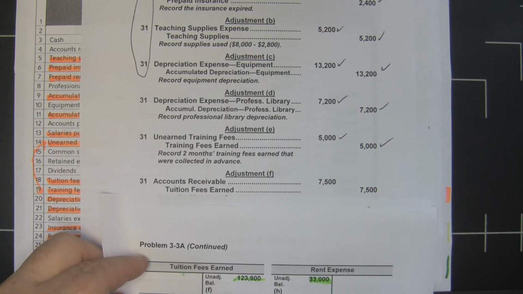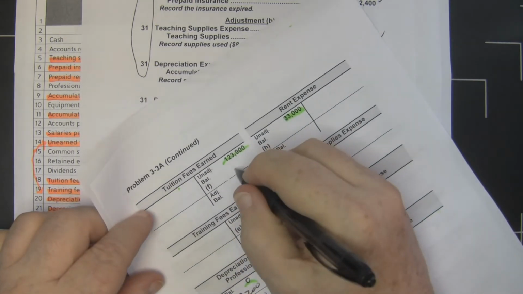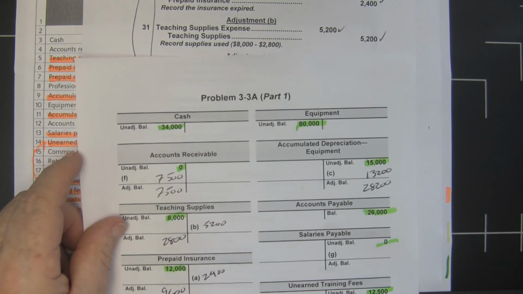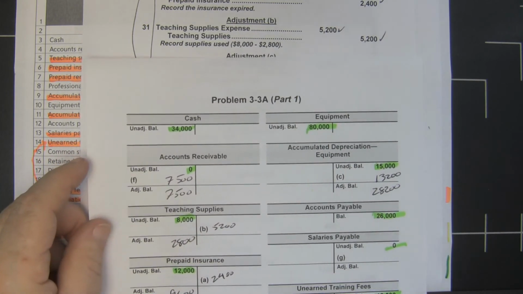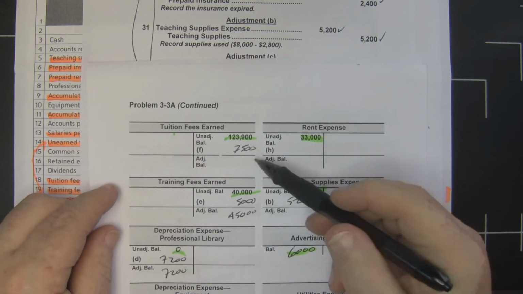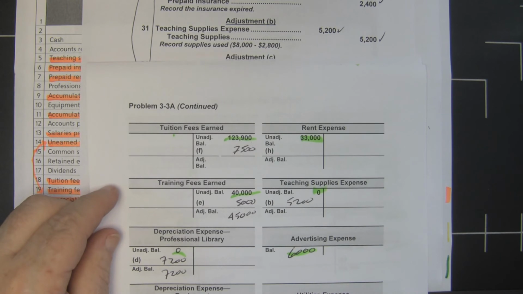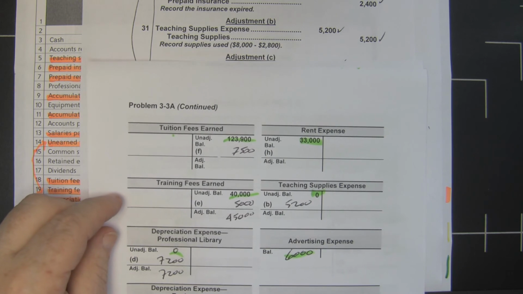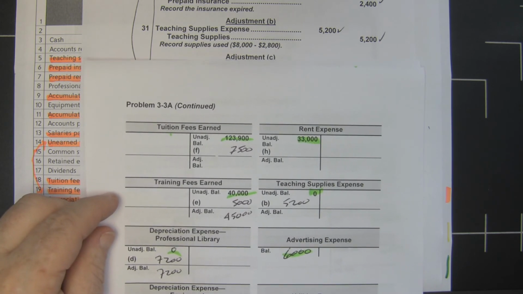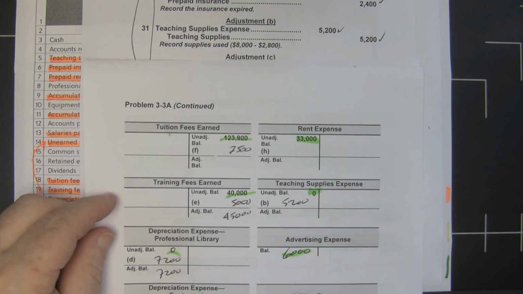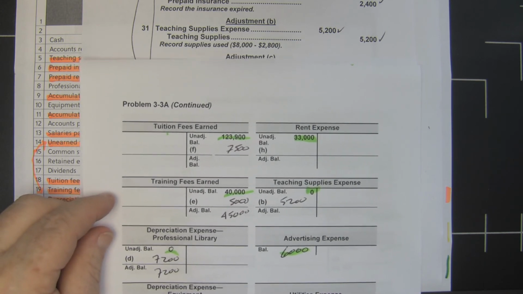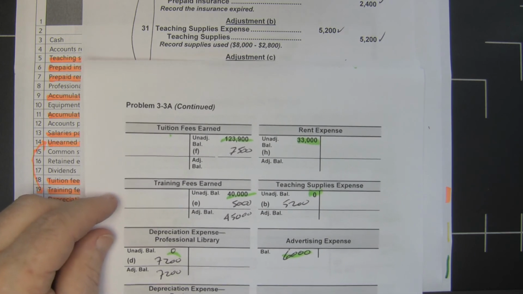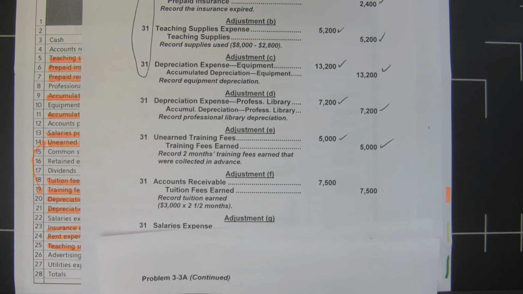Tuition fees earned, $7,500. It doesn't matter for the accounts receivable because all accounts receivable go together. They apparently keep training fees and tuition fees separate. That's not uncommon. I had a client that was a car dealer, and he kept the tuition from the paint shop, the tuition from the repair shop, and the revenues from the paint shop, the revenues from the repair shop, and the revenue from sales separate. Not uncommon, not all that weird.